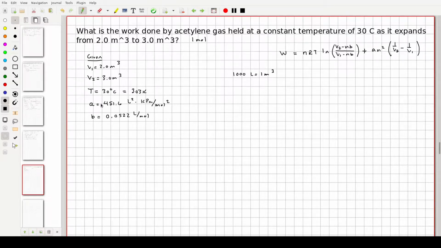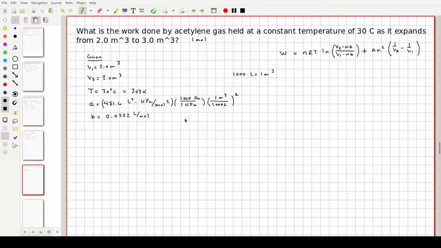Okay, so let's start with A to begin with. Here, to convert it, you note the fact that there are 1,000 pascals for every 1 kilopascal. And you also note the fact that for every 1 cubic meter, there are 1,000 liters.